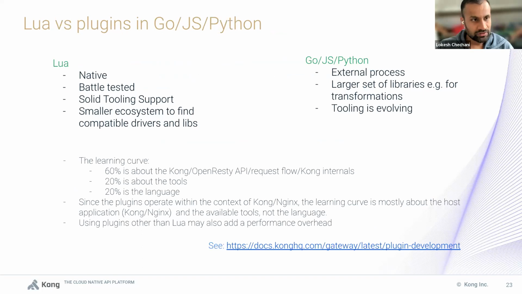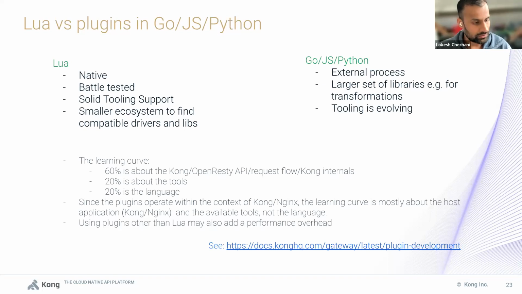Yes. So this is where more contention comes around: why Lua and why not the other languages. The reason is, when it comes to the Kong plugin itself, what we learned is it's not about learning the technology, but about learning the platform: learning Kong, learning how OpenResty works, learning how the request phases and response phases work.